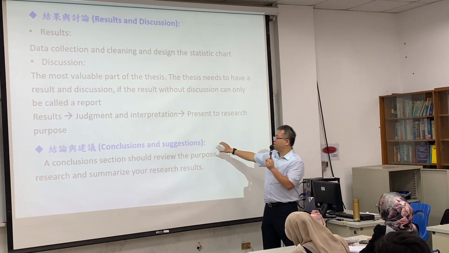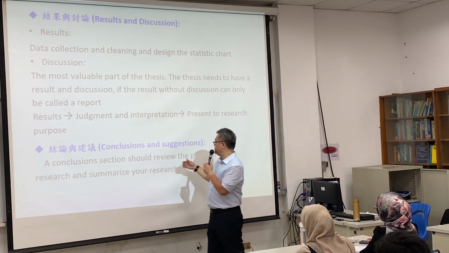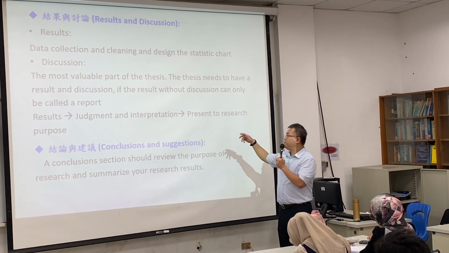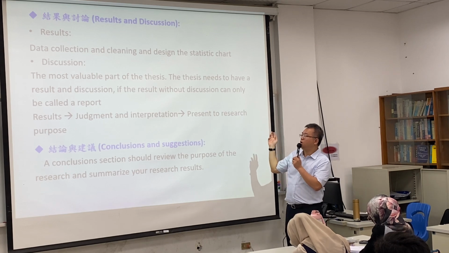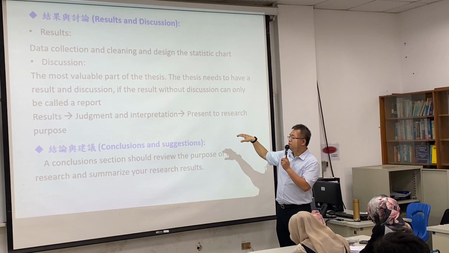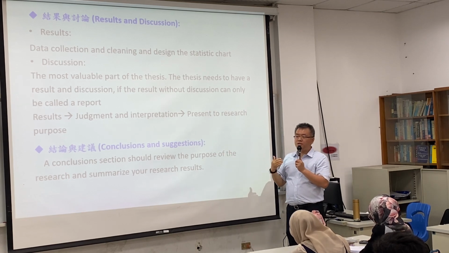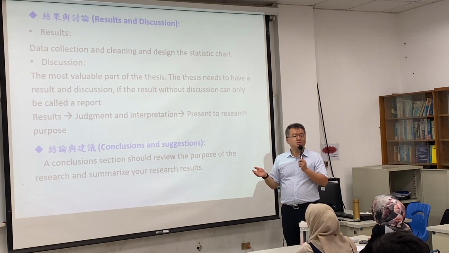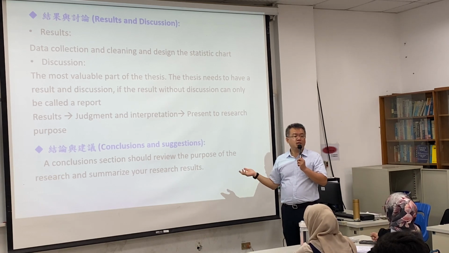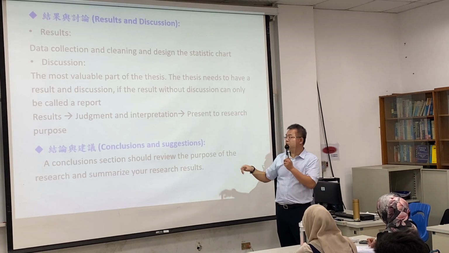Okay, finally is conclusion and suggestion. The conclusion combines the whole important results of your research in this chapter. It normally takes only a few pages, 2 or 3 pages. You just need to list the most important results.